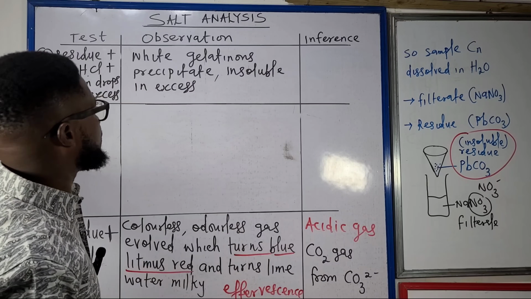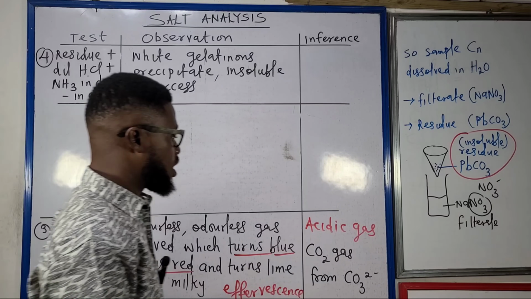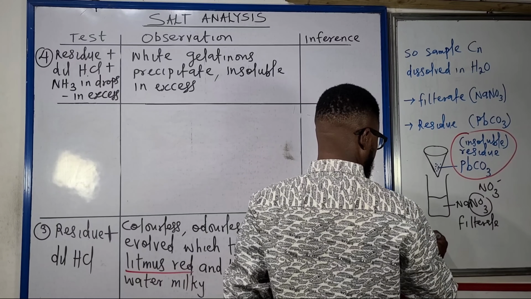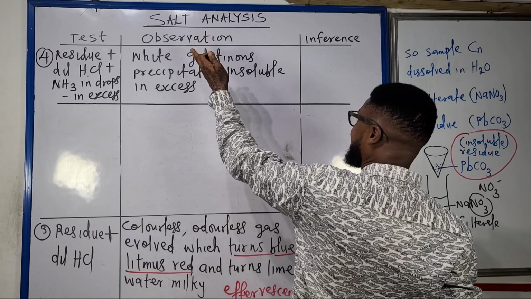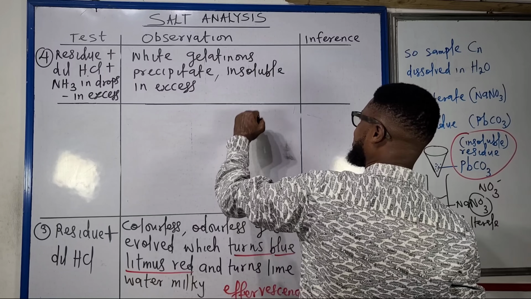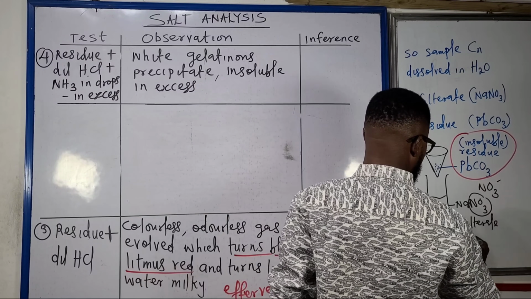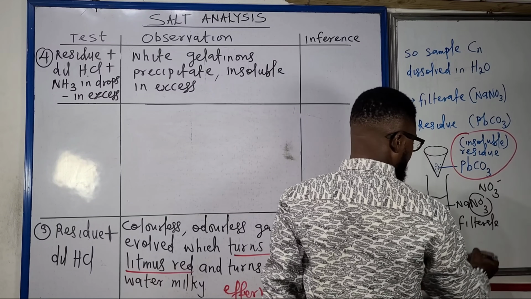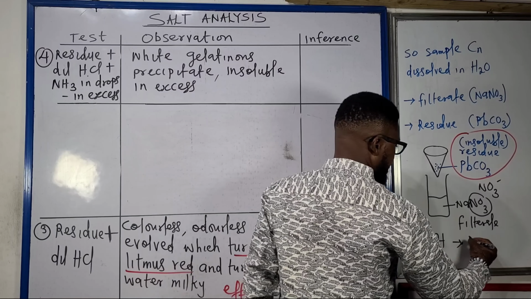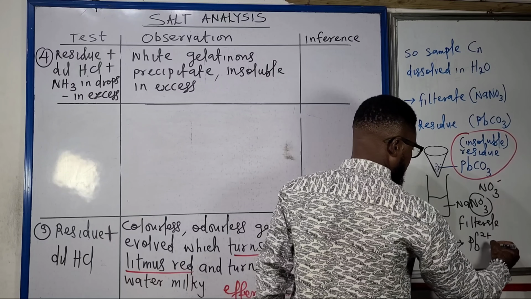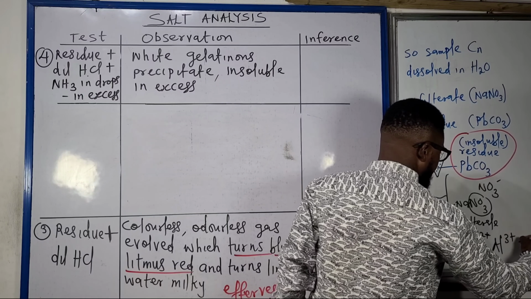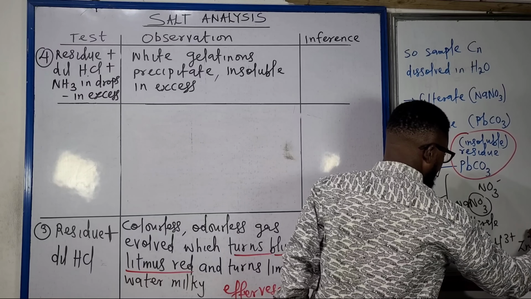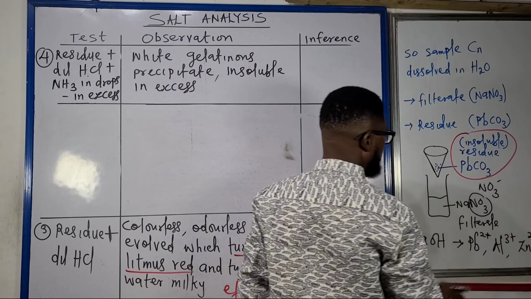If we had used sodium hydroxide, we would have had a white precipitate which will be insoluble in excess, and for our inference we would have suspected lead ion Pb2+, aluminum ion Al3+, and the zinc ion Zn2+. These are the 3 ions we would have suspected.